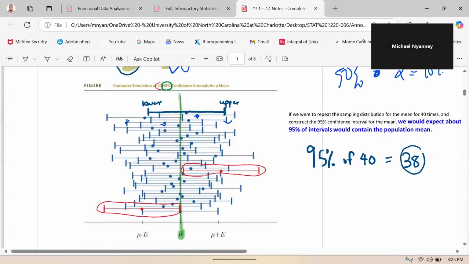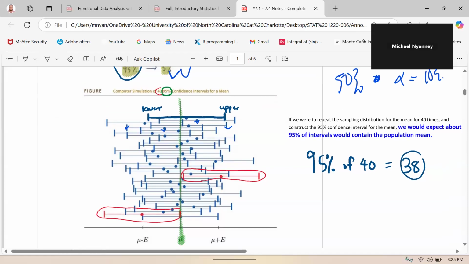So if I create an interval, this will be my point, the center, which could be my x bar. This will be my lower and this will be my upper. How do I get my lower? My lower is x bar minus E, and this is x bar plus E. These are all values.